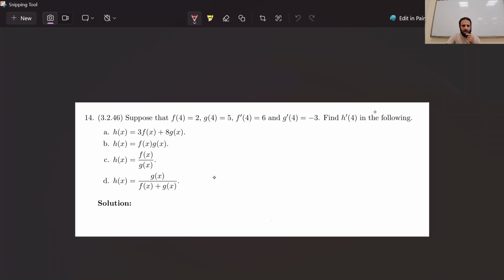Now, h prime of 4 equals what? First substitute into the derivative.